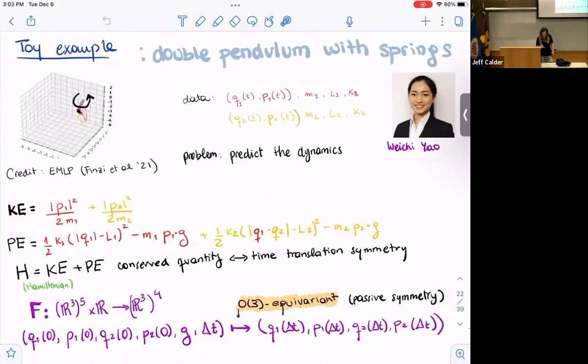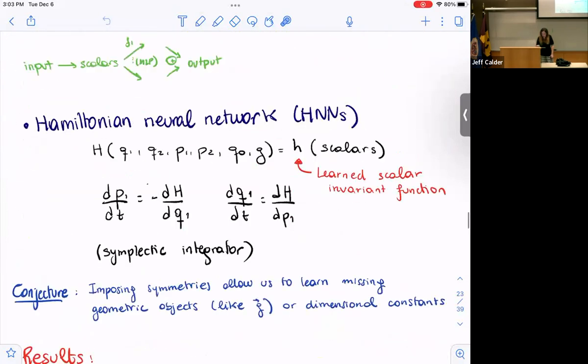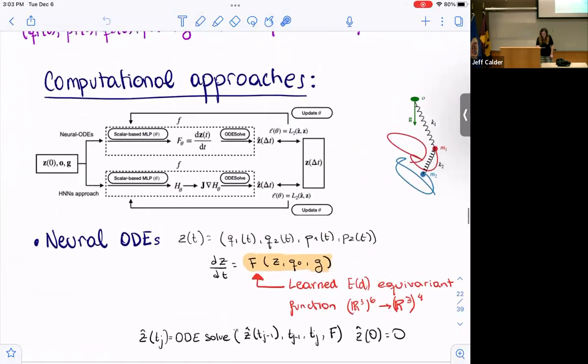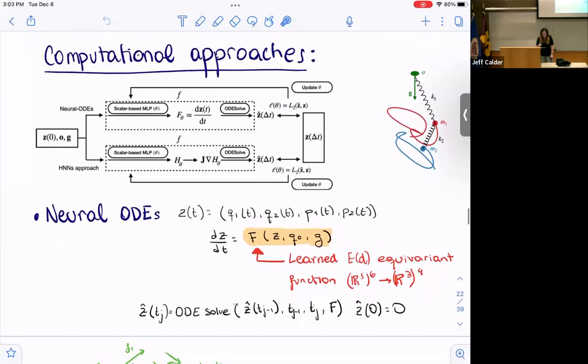And so here I want to learn a function that predicts, from positions and momentums, the positions and momentums after a certain time. The way we can do it is by using neural ODEs, and that's something that we discussed earlier today. So the idea is the following. I take my data and I say, well, my data will satisfy a differential equation.